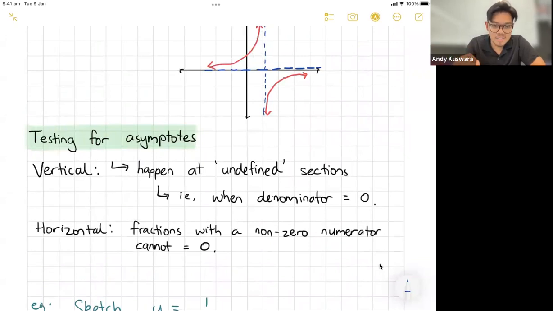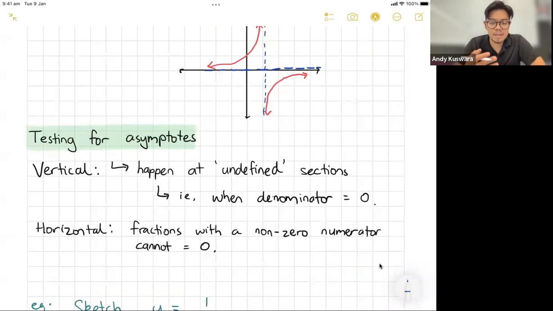So we need to find how to test for asymptotes. Vertically, they're a little bit easier. They happen at undefined sections, in other words, when the denominator equals 0. Any fraction with an unknown at the bottom, that expression cannot equal 0, and where it does equal 0, that's where your asymptote is.